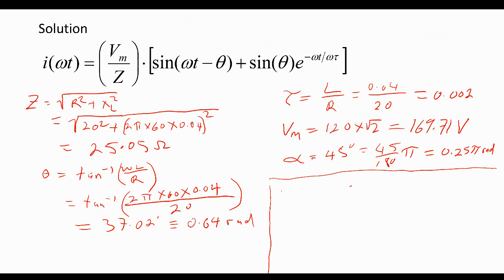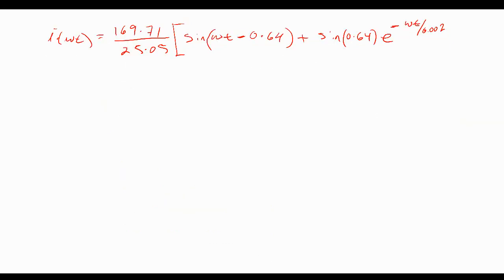Did I write something around here? The omega tau over tau. All right, so we can now simplify what we have here.